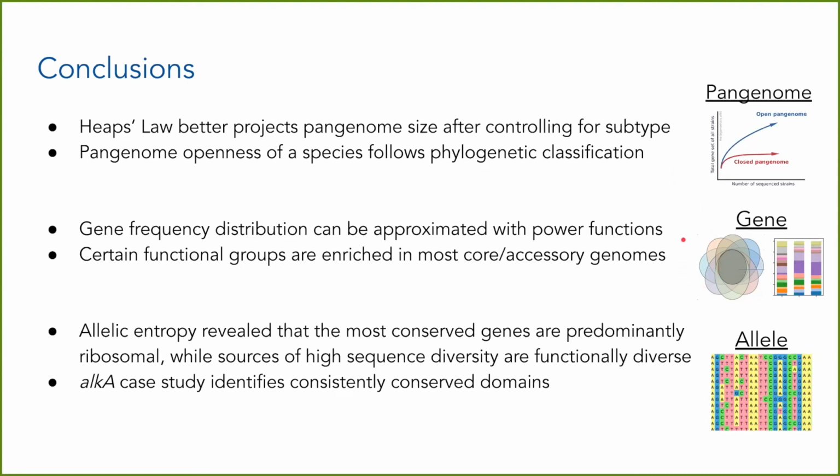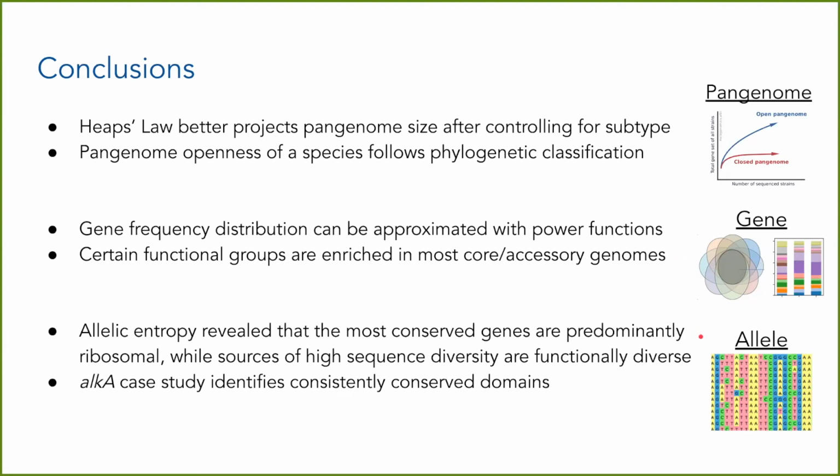At the gene level, we find that the gene frequency distributions can be well approximated with this double power functional form, and that certain functional groups are consistently enriched in the core and accessory genomes of various bacteria, suggesting that there might be some consistent structure by which functions are distributed in pangenomes at the gene level.